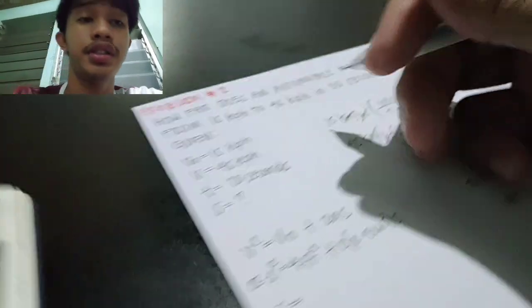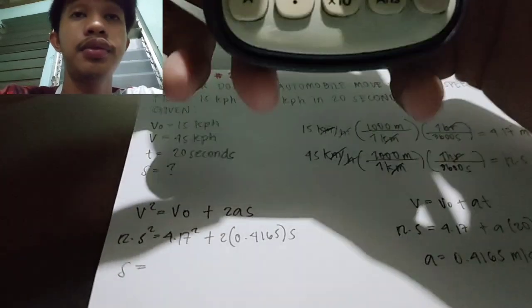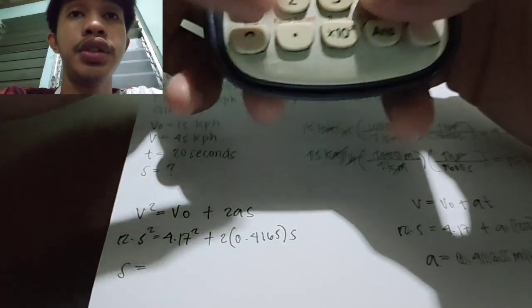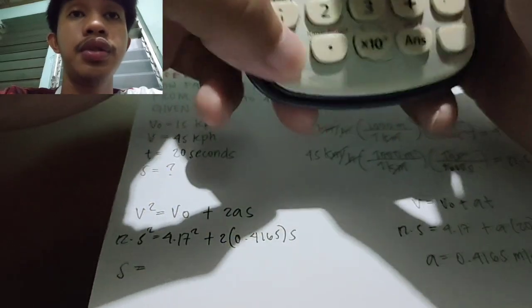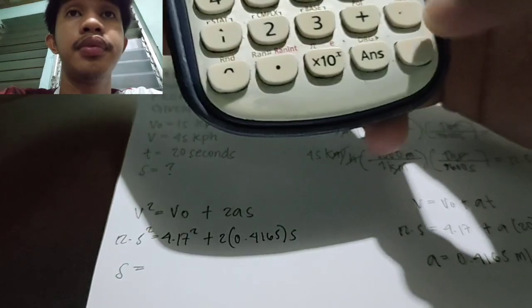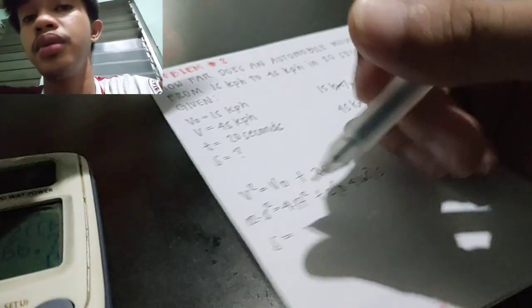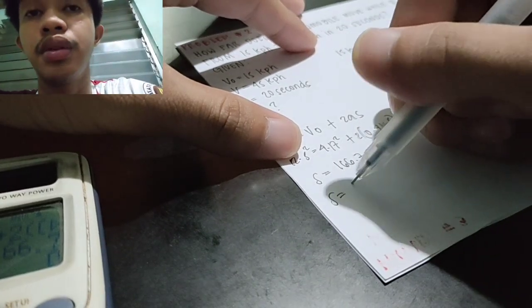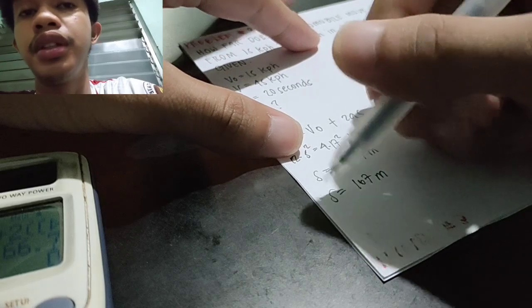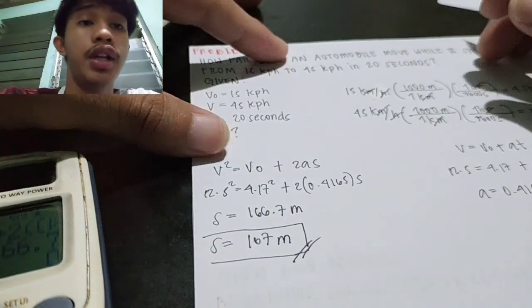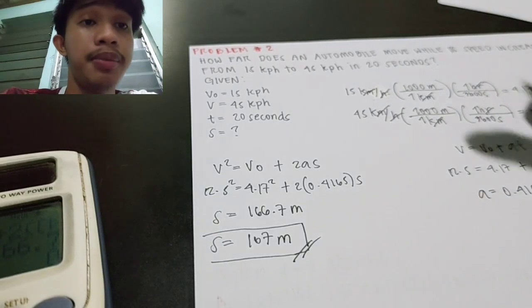So finding for s, 12.5 squared minus 4.17 squared over 2 times 0.4165. So s is equal to 166.7 meters, or s is equal to 167 meters if we rounded it off. So that's the answer for problem number 2.